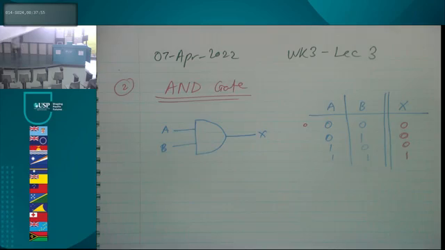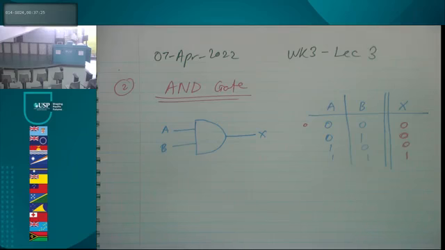So in line 1, only one side of the room is hot, one side is cold, so the air conditioner will not turn on. In line 2, 1, 0, this side of the room is hot, that side is cold, therefore it will still not turn on. In line 3, 1, 1, both sides of the room are hot, therefore we turn on the air conditioning system.